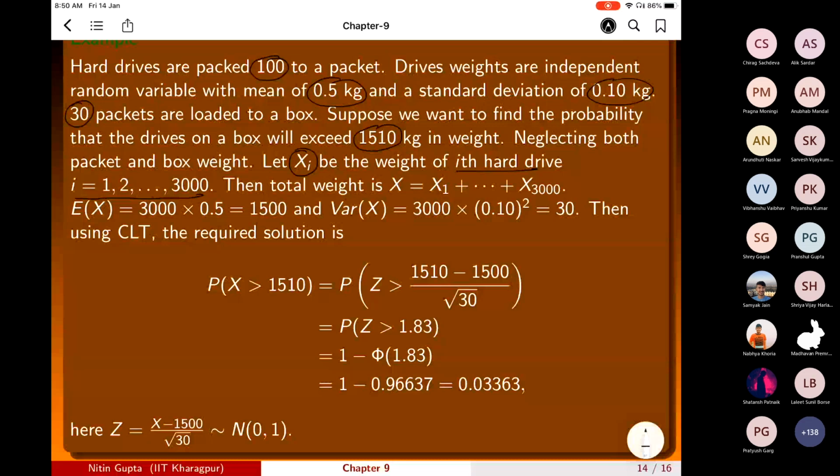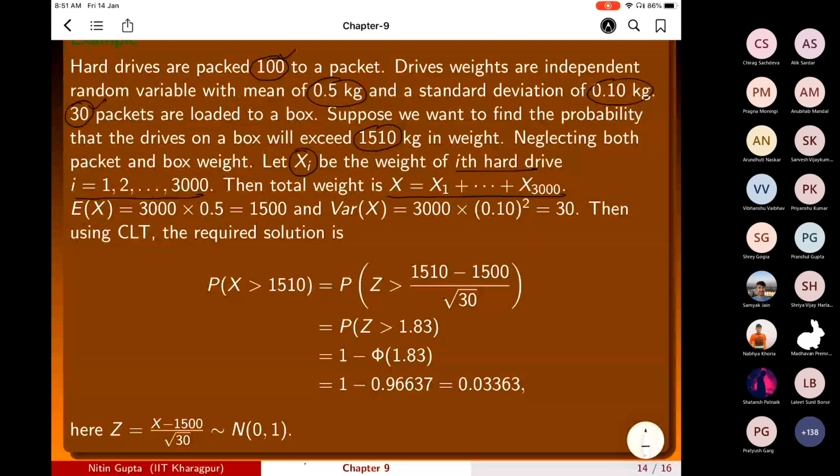because hard drives are packed 100 and packets are 30. So total hard drives are 3000. Therefore the total weight will be x1 plus x2 plus up to x3000. And what is the mean?